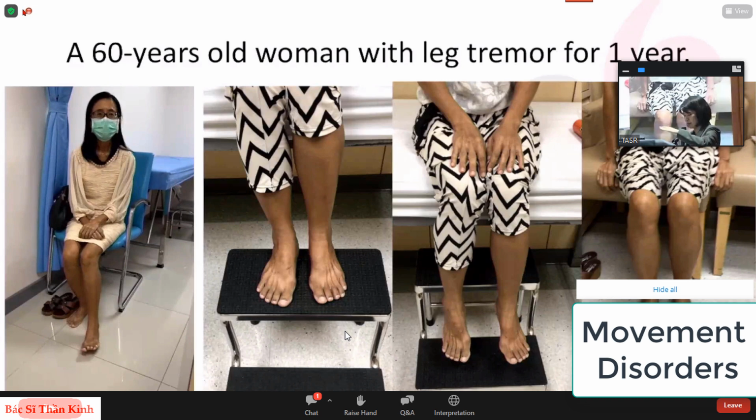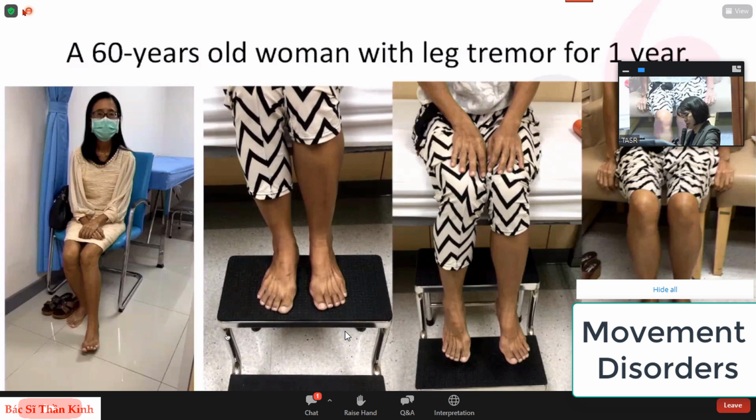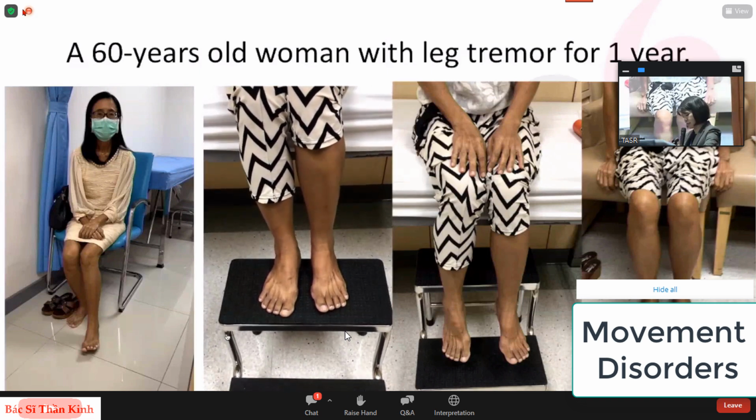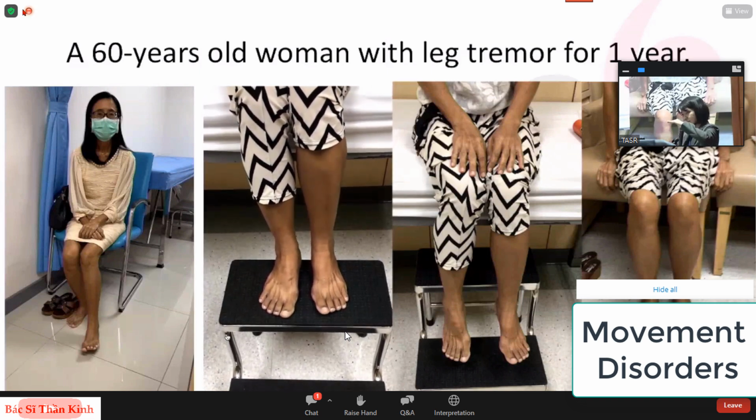As you will see, a rhythmic oscillation side to side. And when I try to press her foot on the ground, the tremor decreased, but there is still a little bit of tremor.